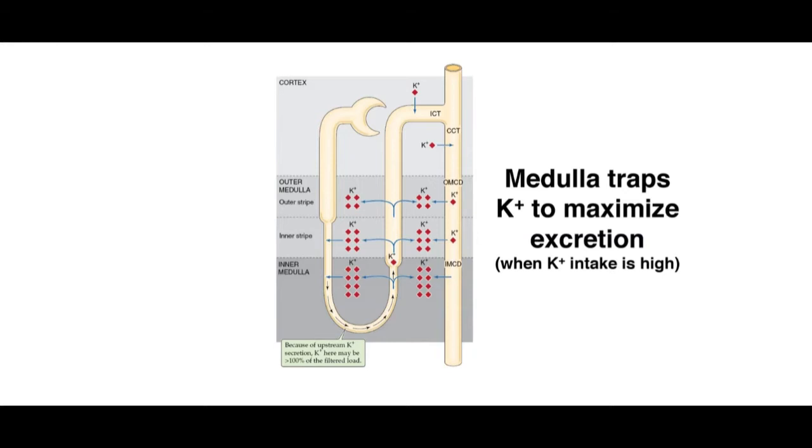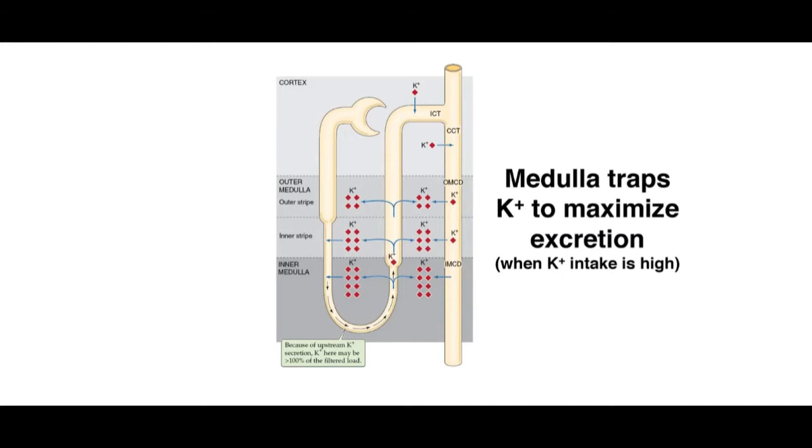When we get to the outer and inner medullary collecting ducts, we're going to see that we have, once again, our principal cells, our alpha intercalated cells, and our beta intercalated cells, okay? But because of the way that this is cycled, having a lot of reabsorption of potassium in the thick ascending limb, you can get, to a lesser extent, some more reabsorption in the medullary collecting duct, or you can have a greater degree of reabsorption depending on the degree of secretion that happens up here in that distal part.